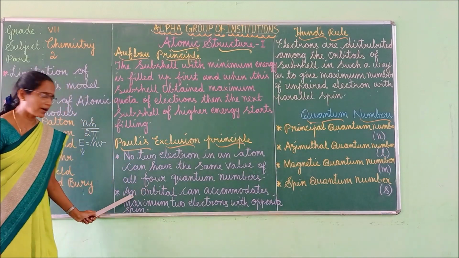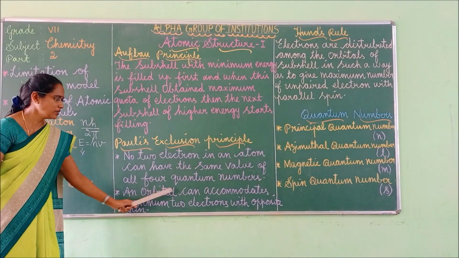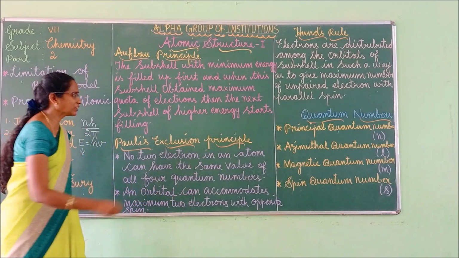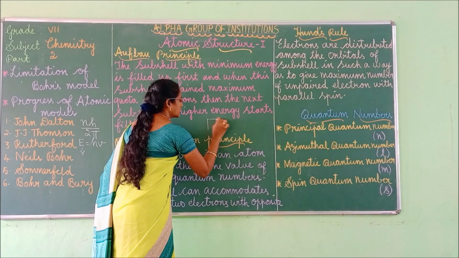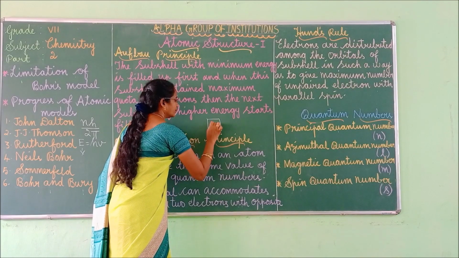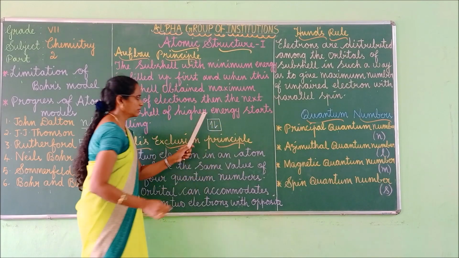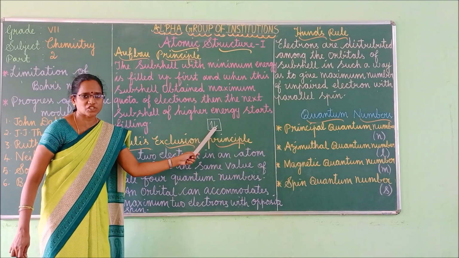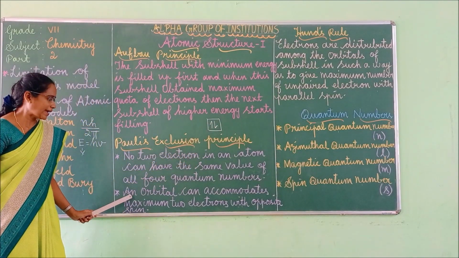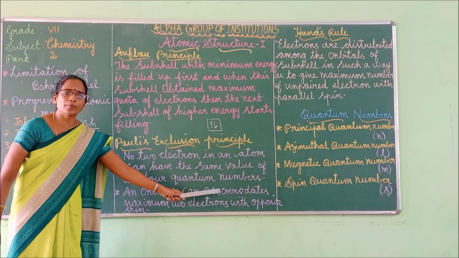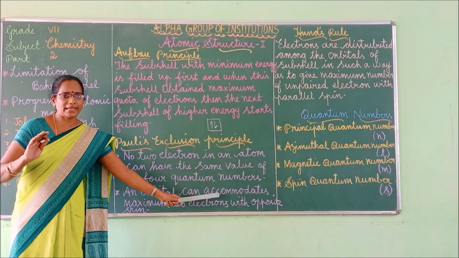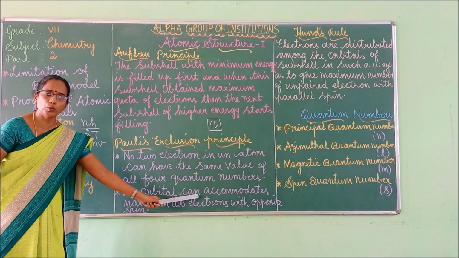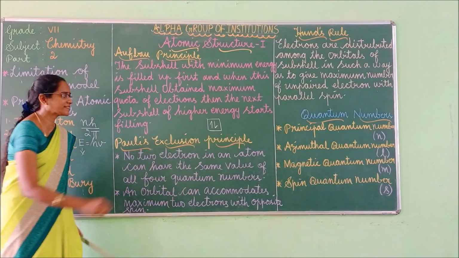Okay, and the next one, an orbital can accommodate maximum 2 electrons with opposite spin. So this square box is the orbital, and these are electrons. An orbital can place a maximum of 2 electrons with opposite spin.